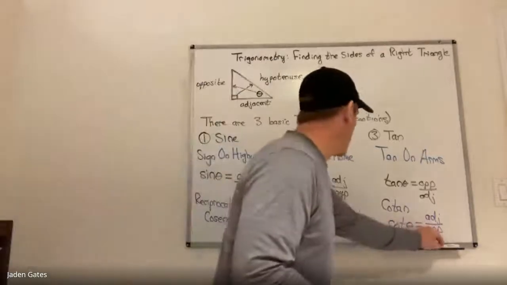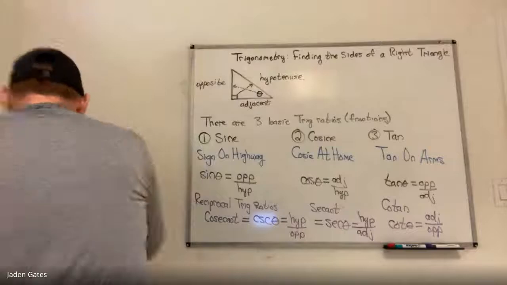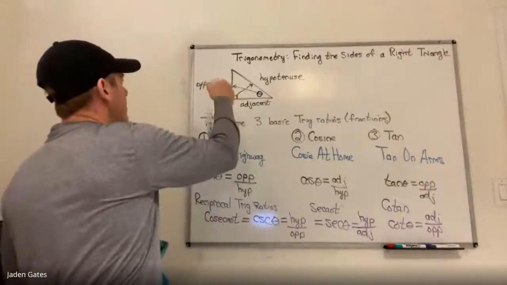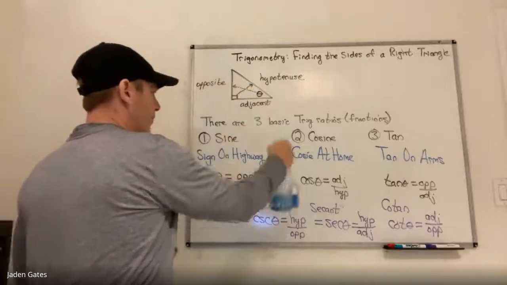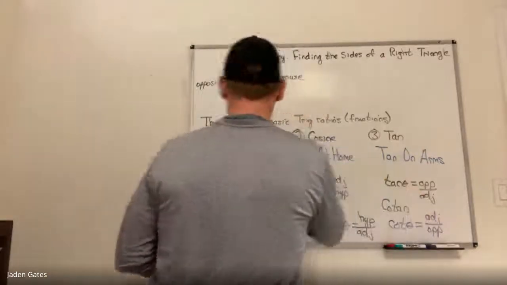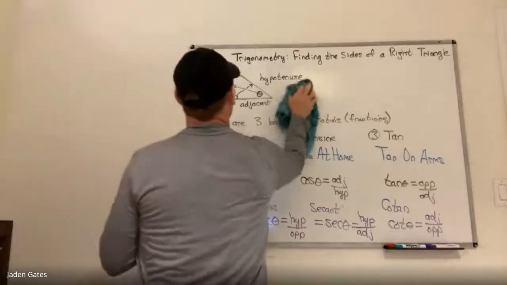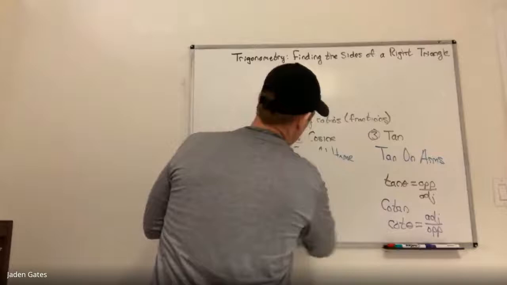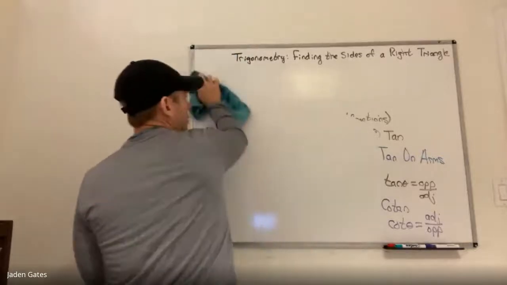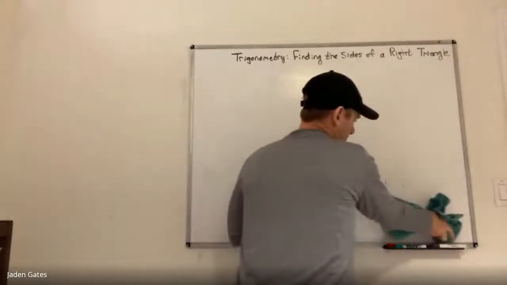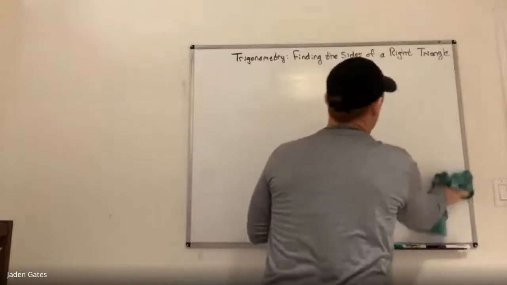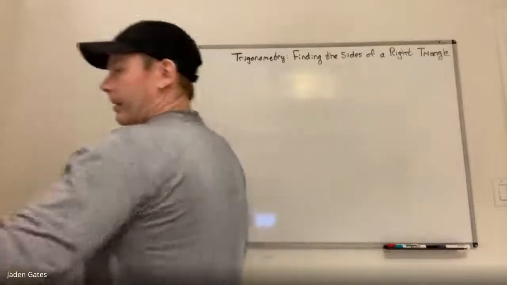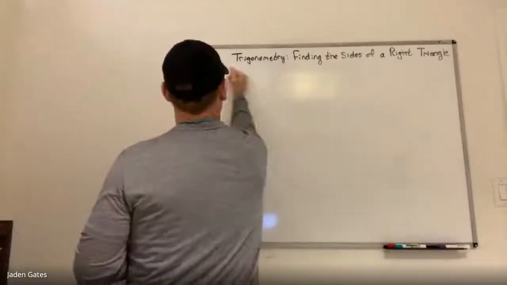All right, so here we go. So there's our basics of trig, our 6 ratios, our naming of our sides. Now let's get down to figuring some stuff out, hopefully jogging some memories. But we'll start off with the basics of just working your calculator. All right, so here we go.